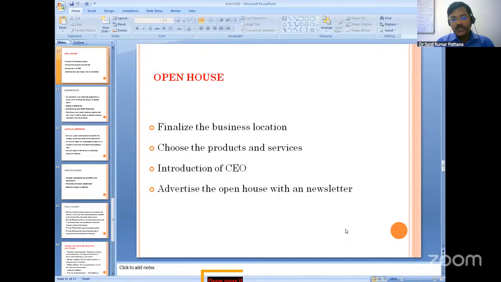For an open house, the publications officer needs to identify and finalize the location and choose the products and services which need to be displayed in the open house. In general, for example, a pen: we know the final product in the physical form of a pen.